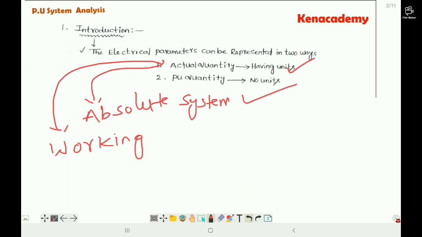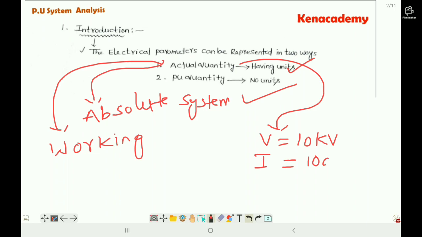This per unit quantity does not have any units, but an actual quantity has its own units. What is the meaning of this? For example, an actual quantity is a voltage of 10 kilovolts, a current of 100 amperes, an impedance of 50 ohms. That means every parameter has its own units in the case of the absolute system.